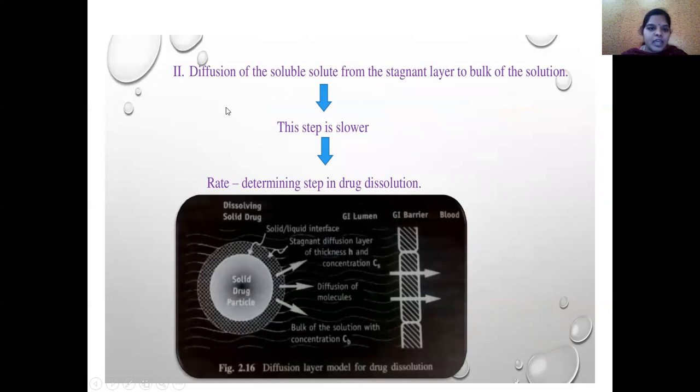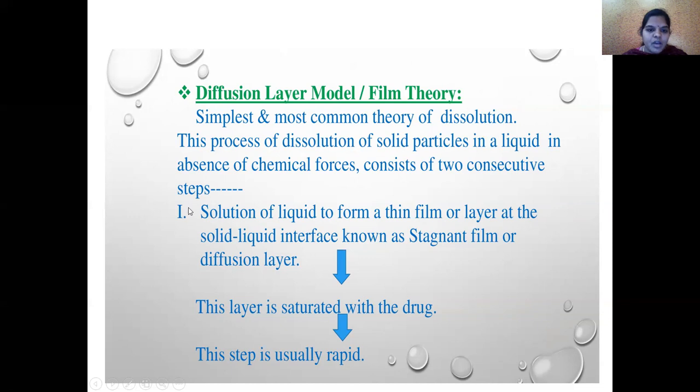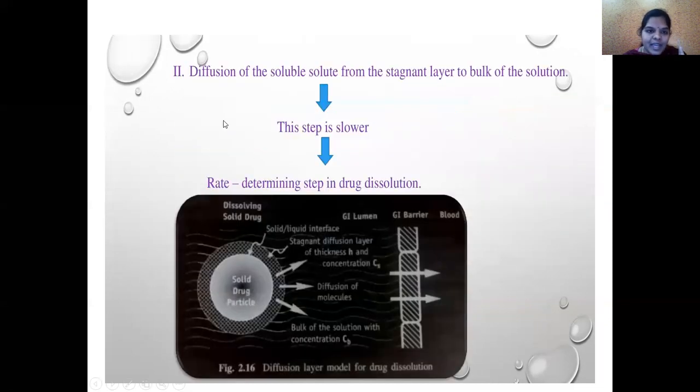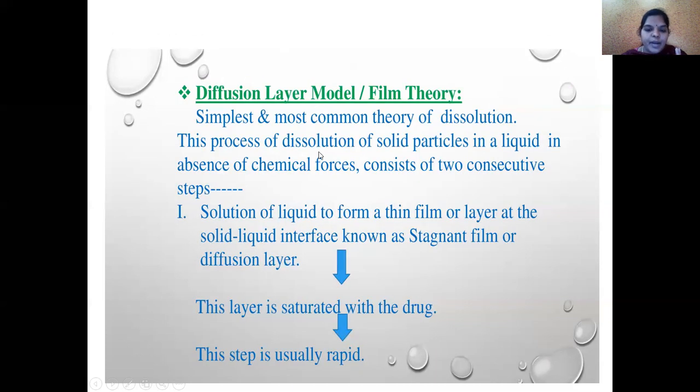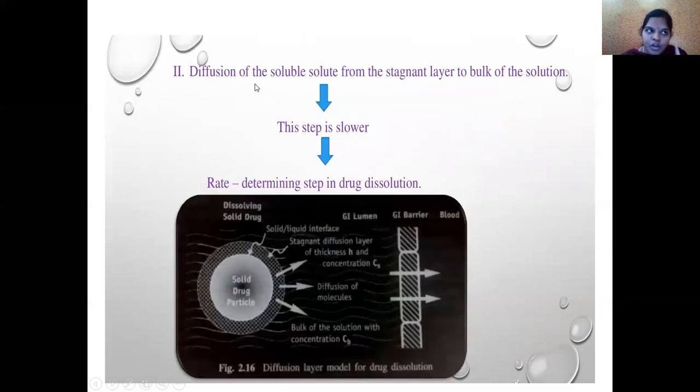So this is the first step: formation of a stagnant layer. What is the second step? Diffusion of the soluble solute from the stagnant layer to the bulk of the solution. This step is slower, but the stagnant layer formation is more rapid. The diffusion of drug from the stagnant layer is slower, so it is the rate determining step in drug dissolution.